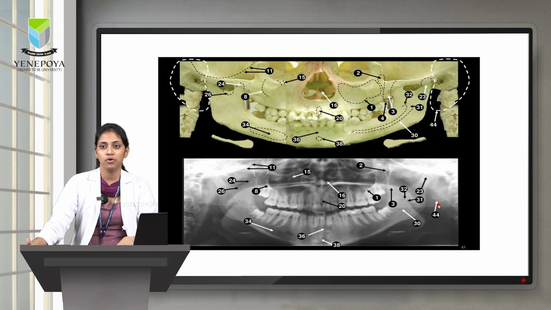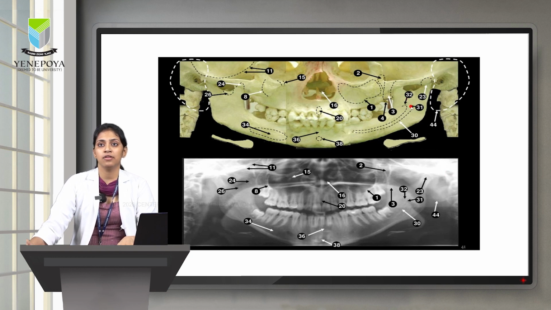And 44, this radiopacity on the posterior border of the ramus of the mandible represents the ear pinna, and here the small radiolucency, small opening which is noted just posterior to the condyle and the ramus is the external auditory meatus.